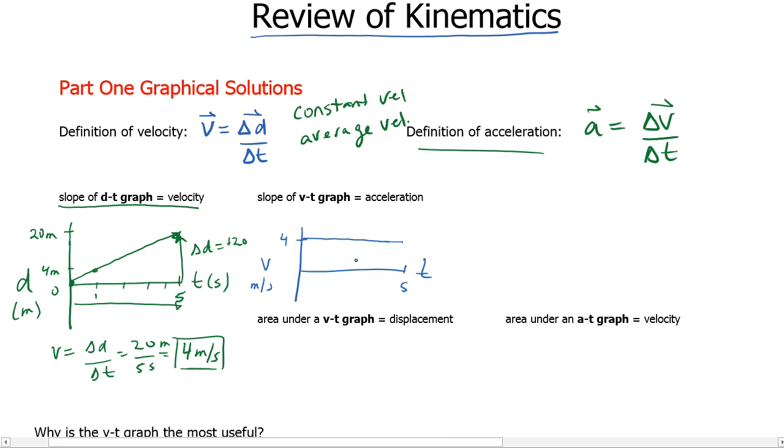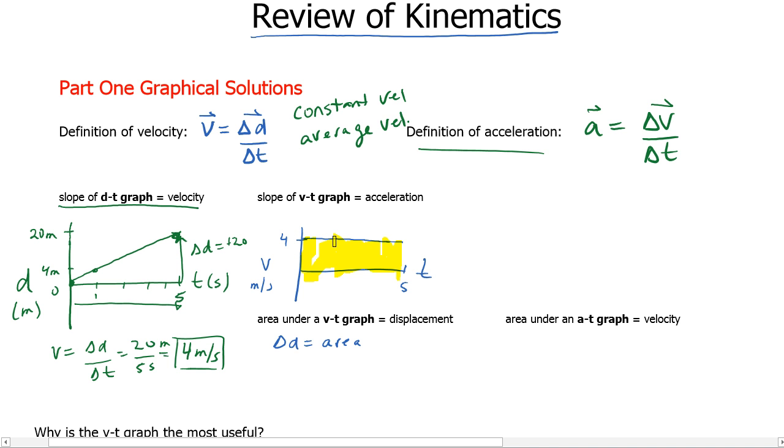So how could we figure out the displacement if we went backwards? If I covered up this stuff over here and I just gave you this graph and asked how far did it go? Well, the displacement is equal to the area under the line. In other words, we would have to figure out the area in here.